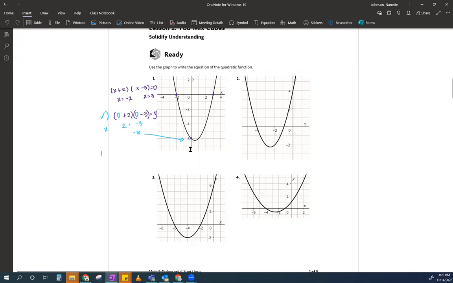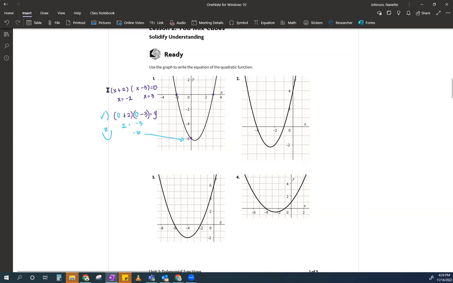So what did you do again, Ms. Johnson? Well, I started with my x-intercepts and I remembered that if these are my x-intercepts, x is equal to -2 and x is equal to 3, then the line above that is x plus 2 equals 0 and x minus 3 equals 0, right? And so there's my two factors for my parabola. I think that this is right.